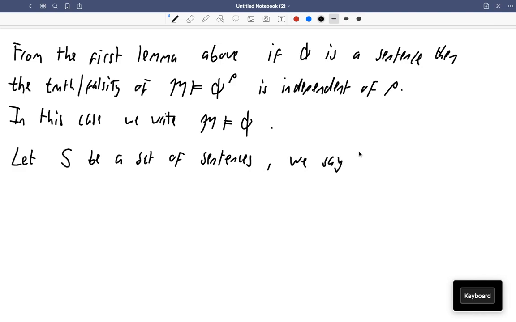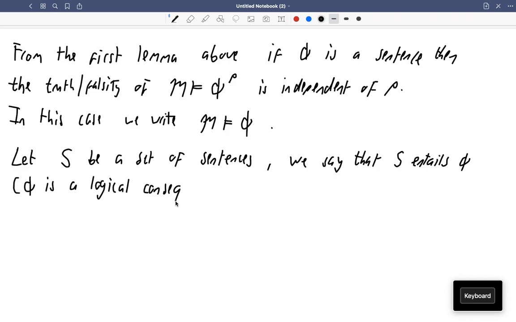We say that S entails phi, or phi is a logical consequence of S. Let's underline the words we're defining.